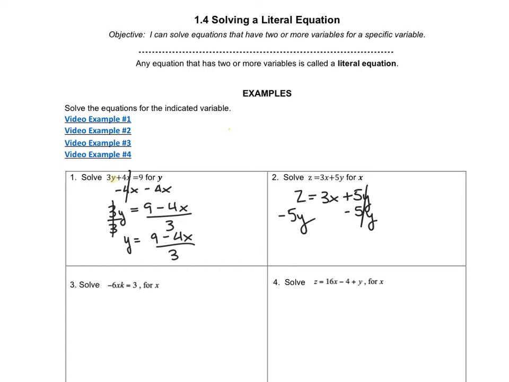So it goes away on the right, and then you're left with z minus 5y is equal to 3x. And to get x by itself, you have to divide both sides of the equal sign by 3. So your final answer is x is equal to z minus 5y over 3.